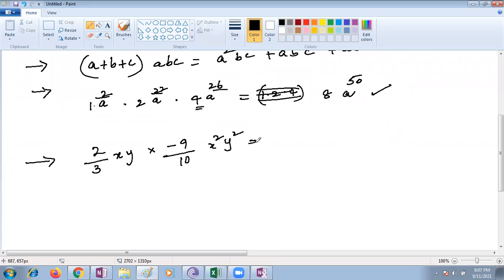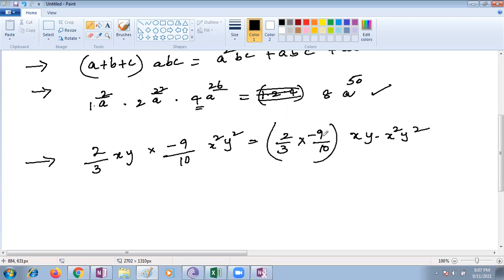Right. Lalit, your question. Are you ready with your question? Yes, ma'am. Come on, Lalit. Ma'am, minus 18 by 30. If you have any doubt, write the numerical part together, then take the variable part. Minus 3 by 5.